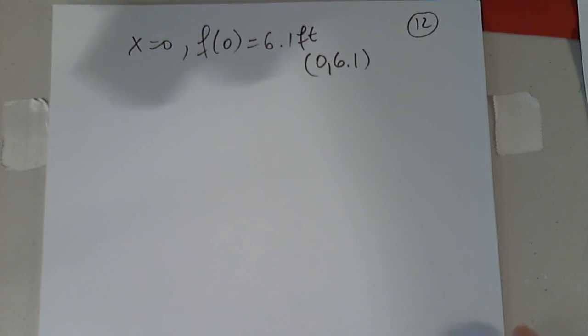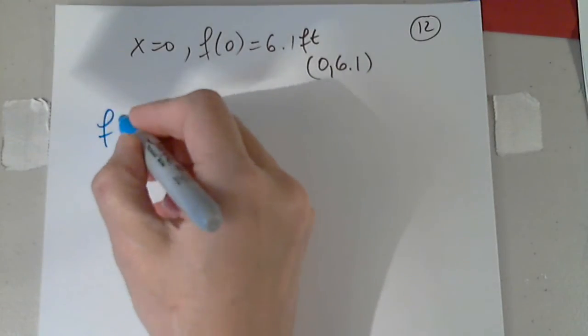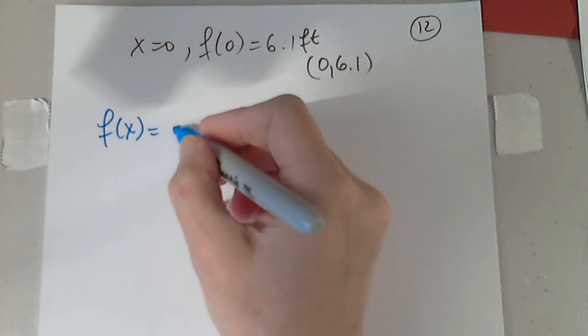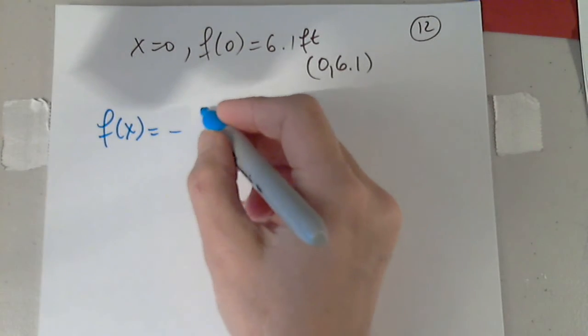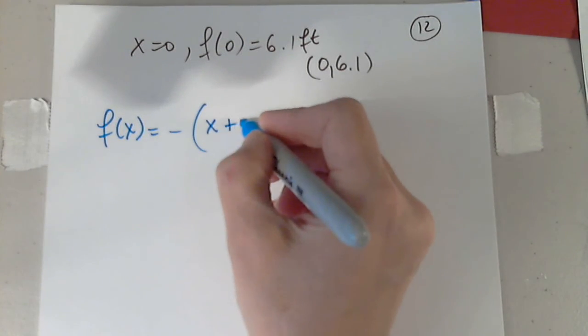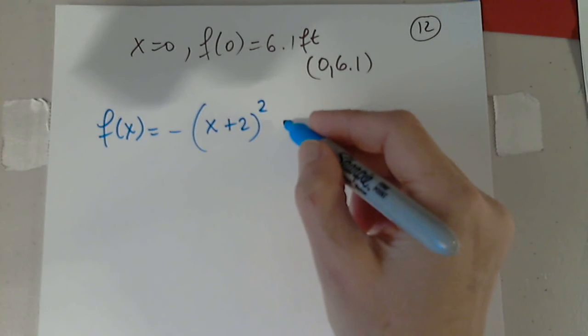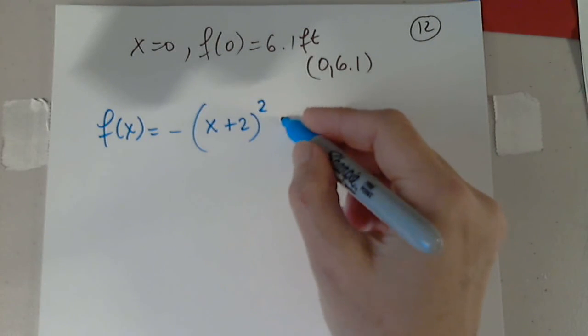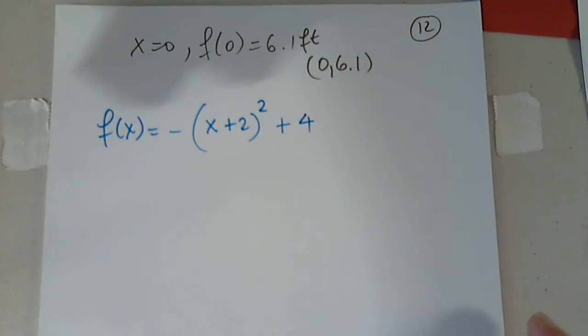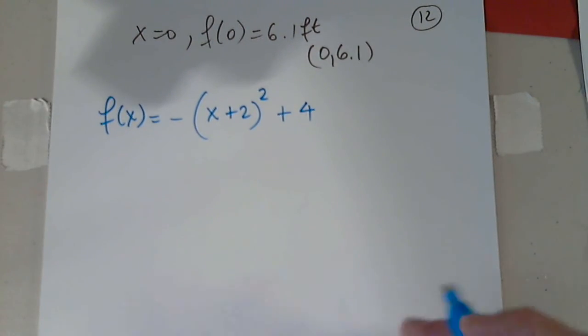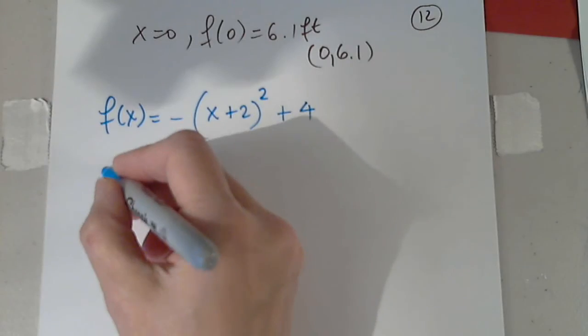Okay, finally I'd like to finish up with one example of the other kind. Let's say f of x equals negative (x plus 2) squared plus 4. Same steps.